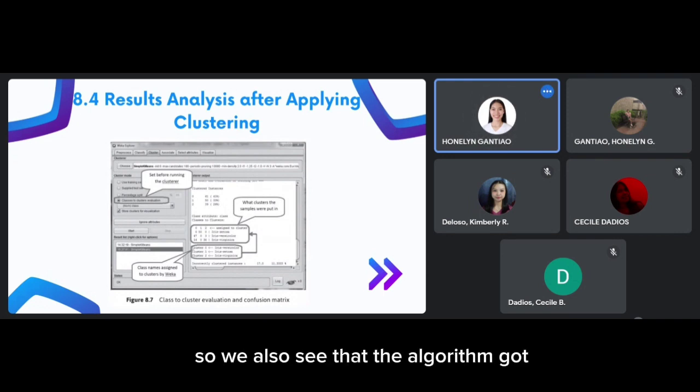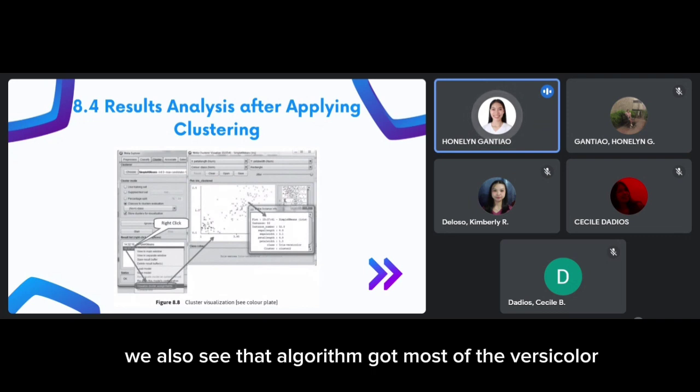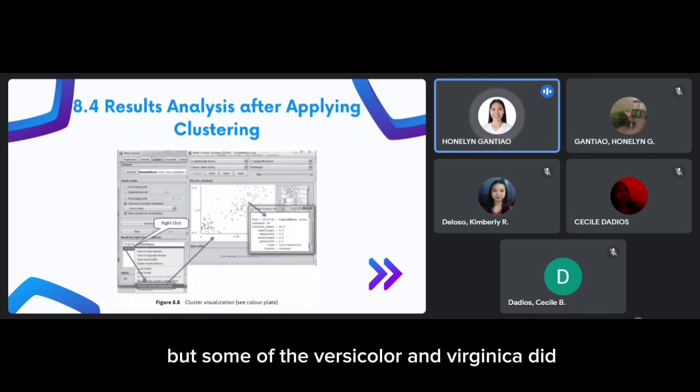We also see that the algorithm got most of the Versicolor and Virginica right in cluster 0 and cluster 2, respectively, but some of the Versicolor and Virginica did get mixed up with each other.